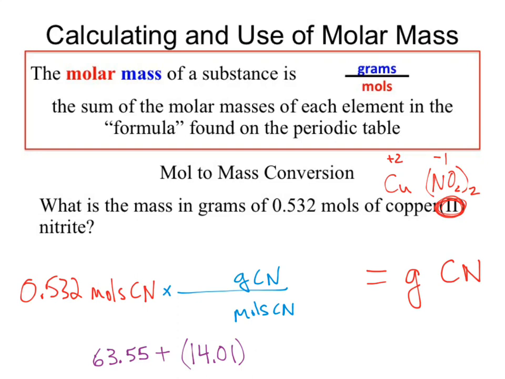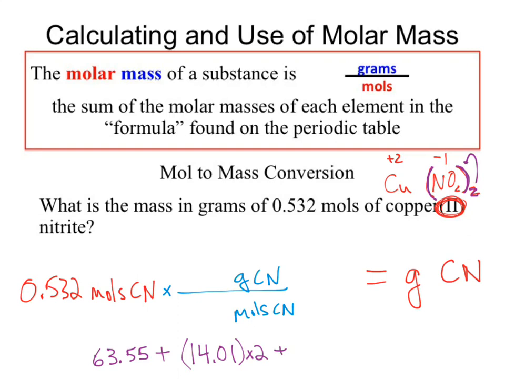Why times 2? How do you know there's 2? The subscript applies to what's directly in front of it. What's directly in front of it? Parentheses. Everything now within that parentheses we have twice, or 2 of. So our nitrogen, we have 2.